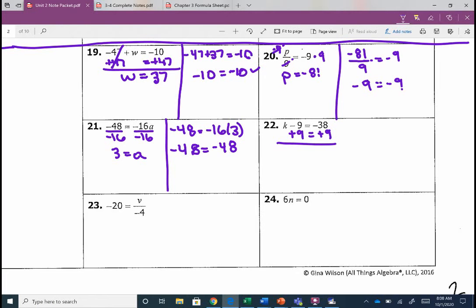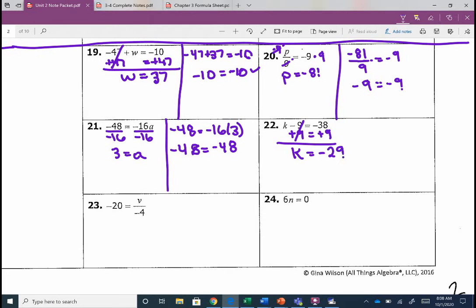The idea is we need to get the variable by itself. So we want to clear out anything that's on the same side as the variable. So if we add that 9, negative 9 plus 9 is 0. k equals, what do we got there? Negative 38 plus 9, negative 29.